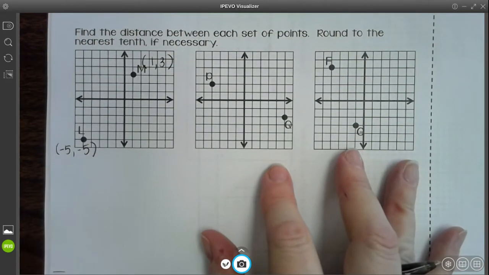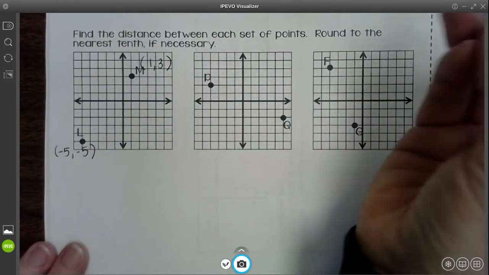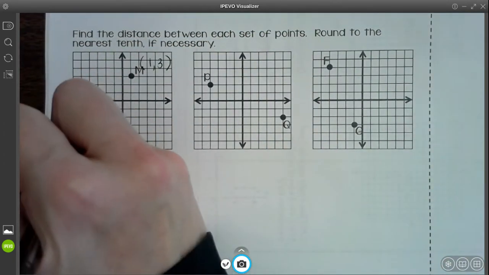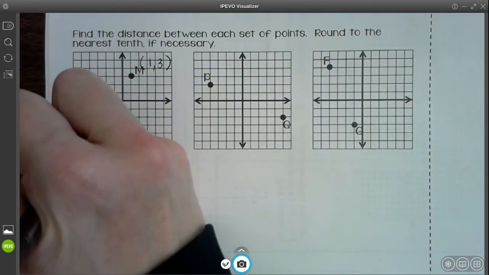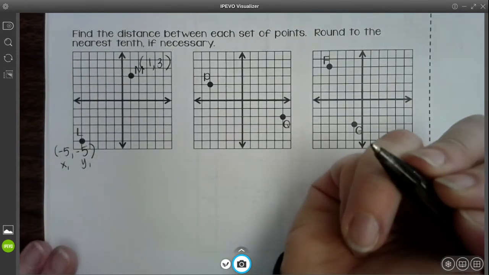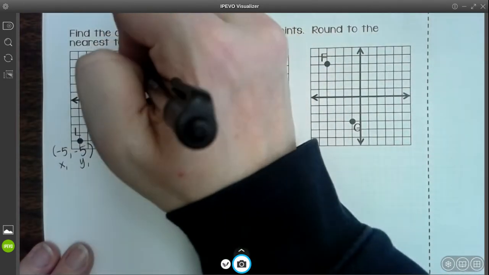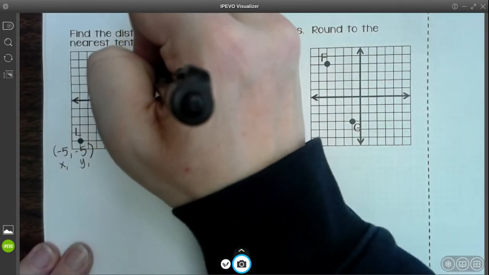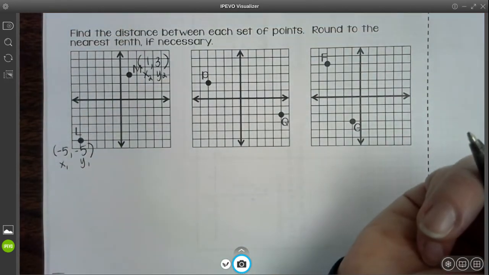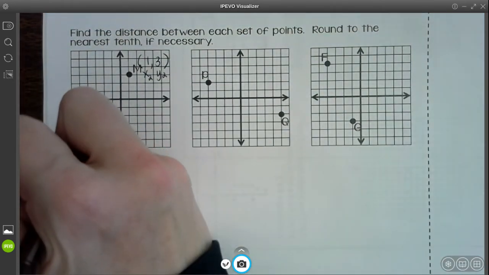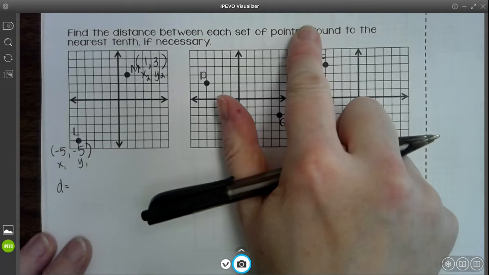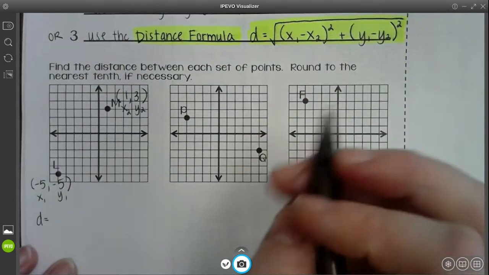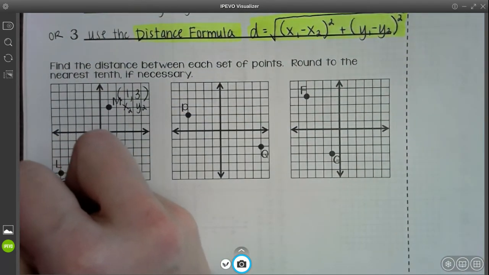Okay, so what I can do is I can take my L being at -5, -5, and call this my x1, y1, and M being at 1, 3, and call this my x2, y2 in the distance formula. Okay, so first of all, this distance formula, we're going to have a big old square root bar.